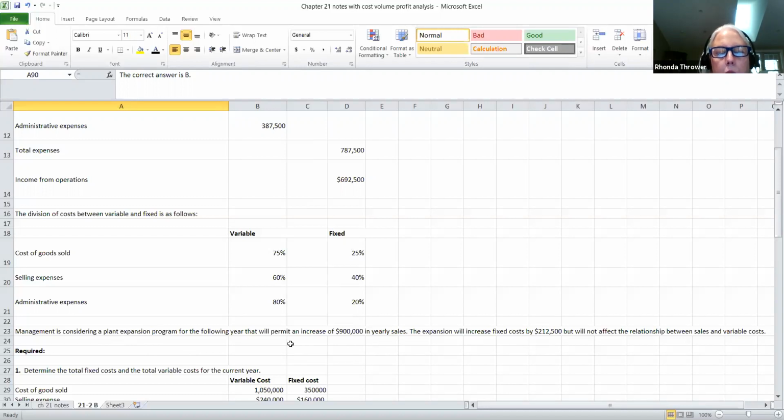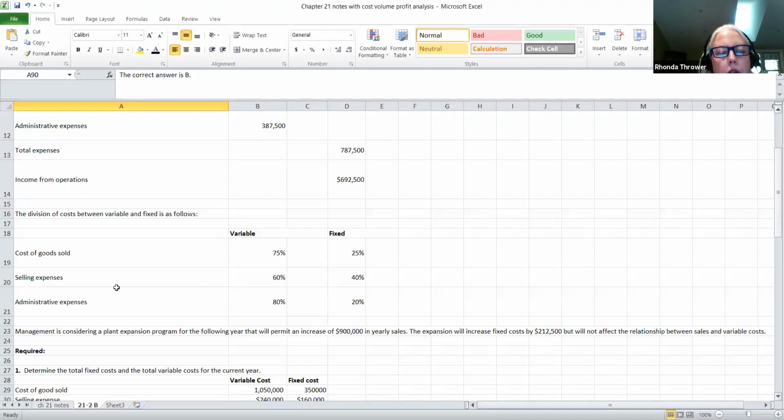So that means when we expand the plant, the fixed costs are going to increase by the amount of 212,500. And then it gives you an important piece of information here that says it will not affect the relationship between sales and variable cost. So the selling price per unit is going to stay the same, and the variable cost per unit is going to stay the same here.